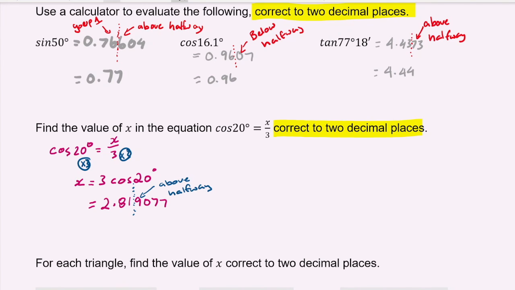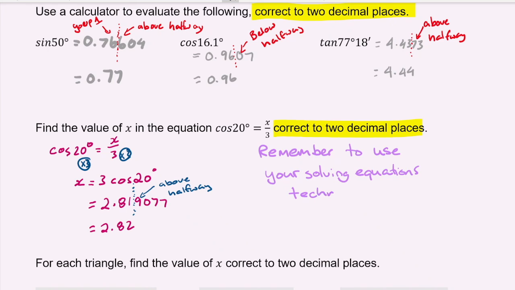So we get 2.82, so that 1 needs to go up by 1. So remember to use your techniques for solving equations.